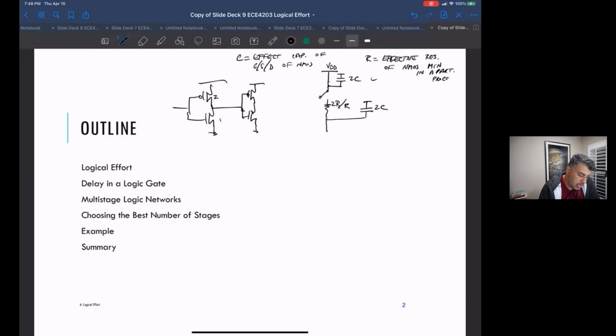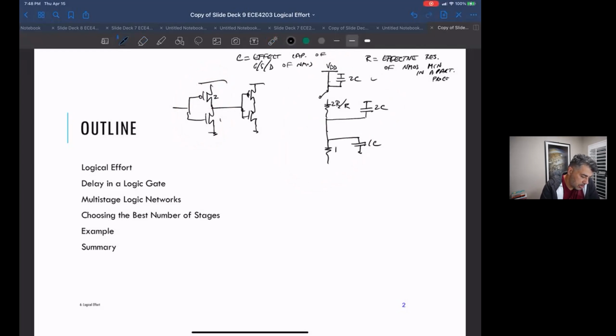And then it connects to the NMOS. I'm drawing this right now. In fact, this was the P. I'm going to draw the N. That's 1 unit wide, so it only has 1C. Its resistance is lower, so it's basically 1.